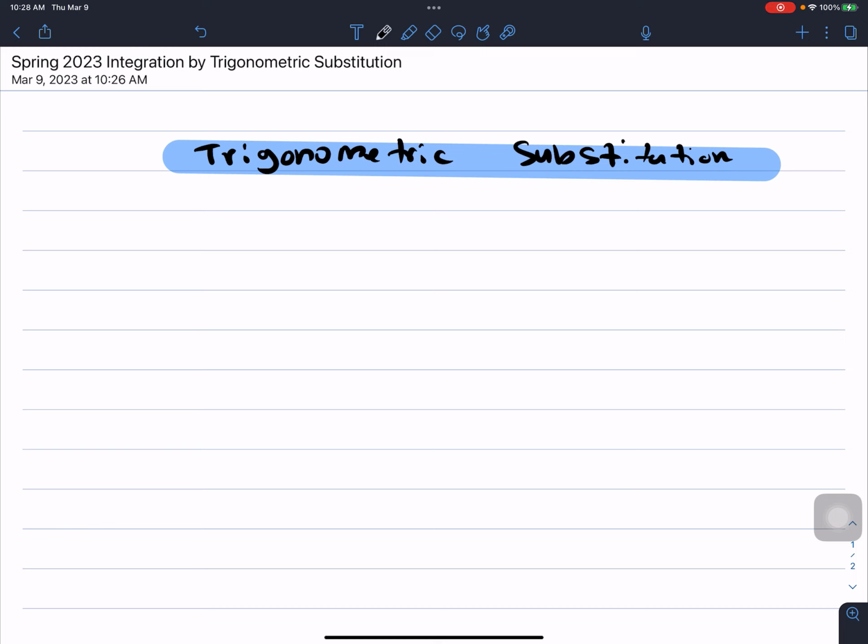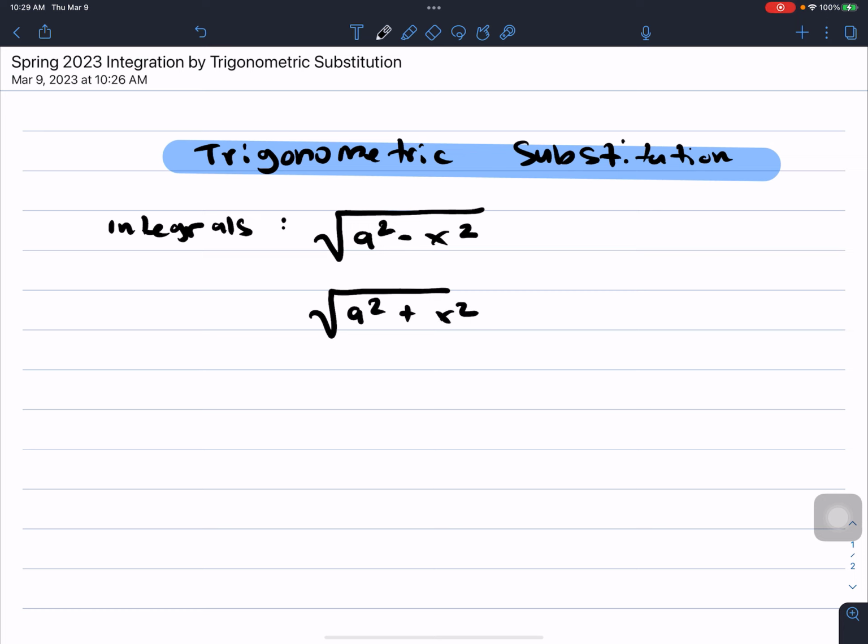Well, when your integrals involve functions that have the following kind of statements: square root of, for example, a squared minus x squared, square root of maybe a squared plus x squared, or the square root really of x squared minus a squared.